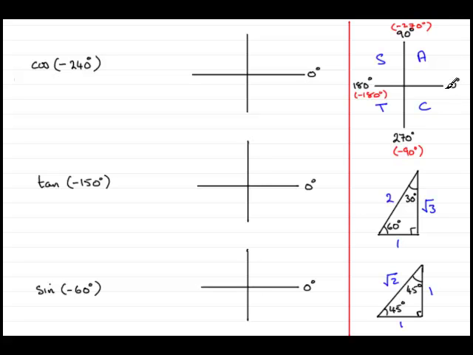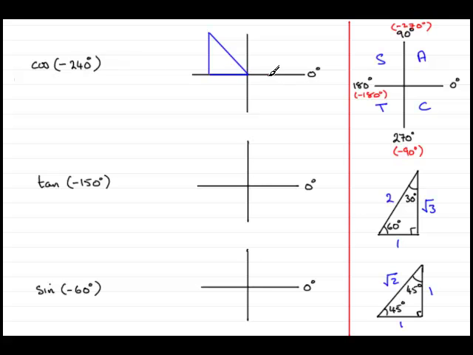So when we come to the cosine of minus 240 degrees, we start from here and turn in a clockwise direction, so that's minus 90, minus 180, and minus 240 degrees will be in this quadrant here. We mark in the line in the usual way, drop a perpendicular down to the horizontal line, and mark in our turn of minus 240 degrees.